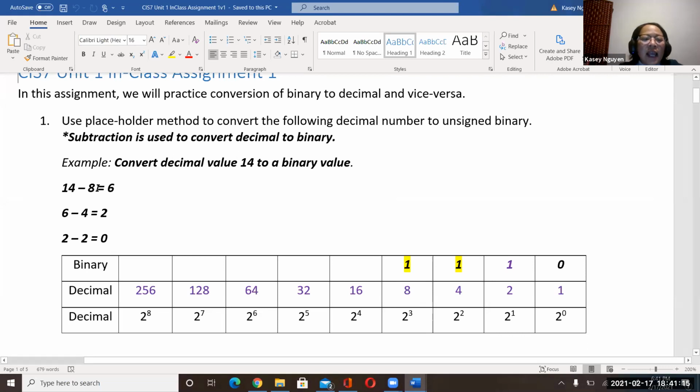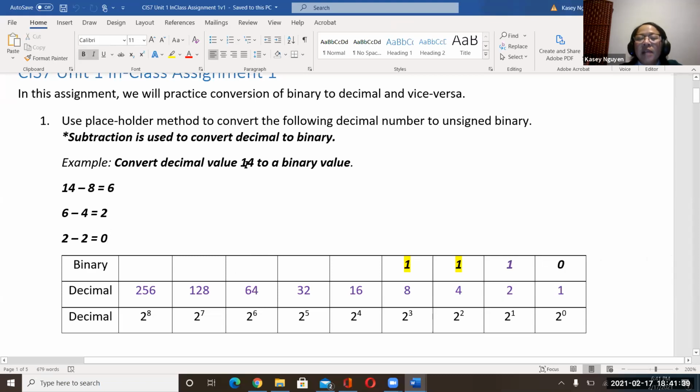When I subtract 8, I have 6 left. I'm not done. I have to keep going. So I have $6 left, and now I can subtract 4. 6 subtract 4, I have a 2 left. Then I subtract another 2, right here, and I get 0 left.